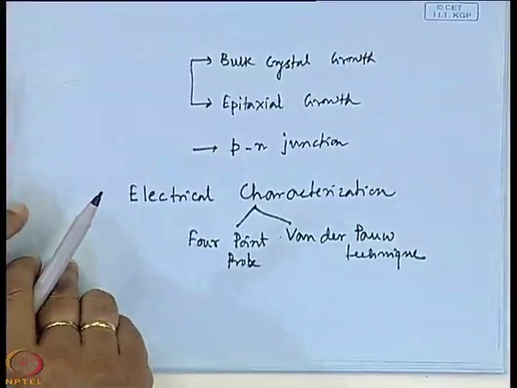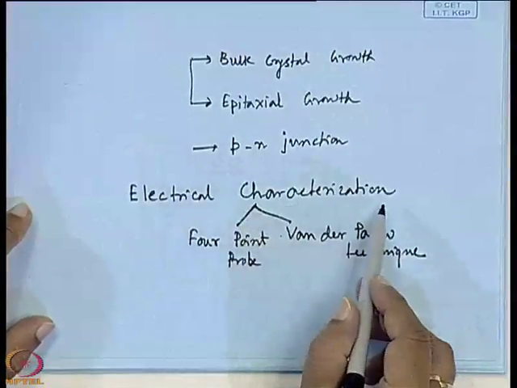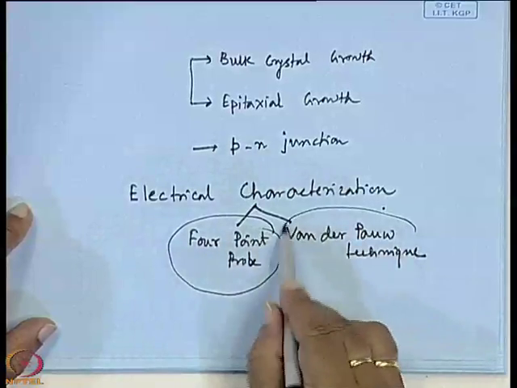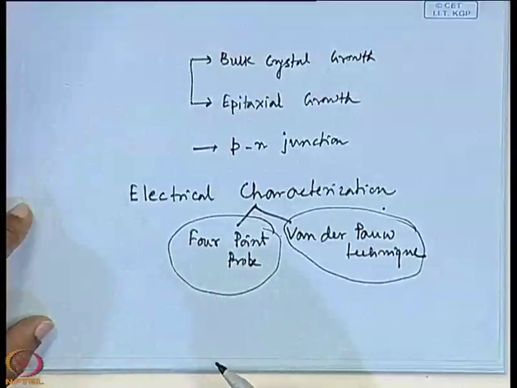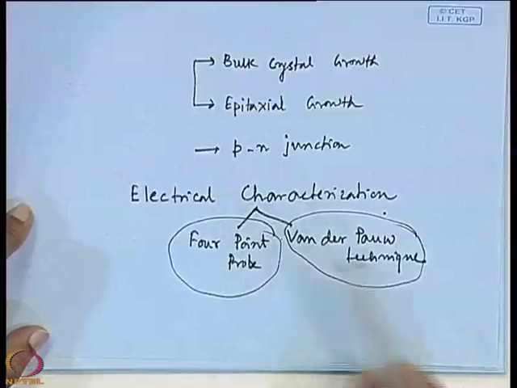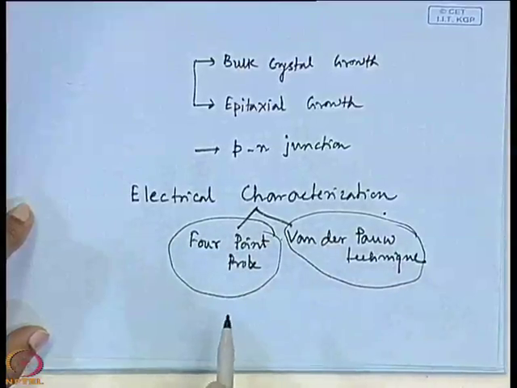As discussed earlier, for this electrical characterization we follow either the 4-point probe or the Van der Pauw technique. Now, what is the difference between these two techniques? Is there any difference? When shall we use 4-point, and when shall we use the Van der Pauw technique?